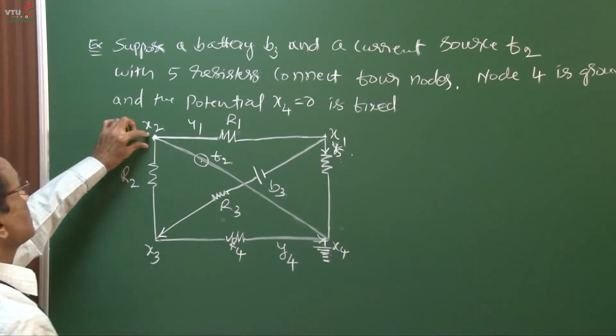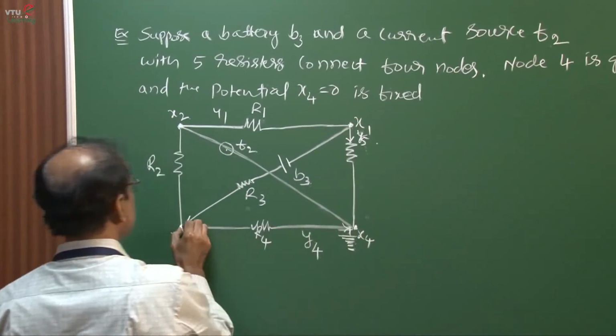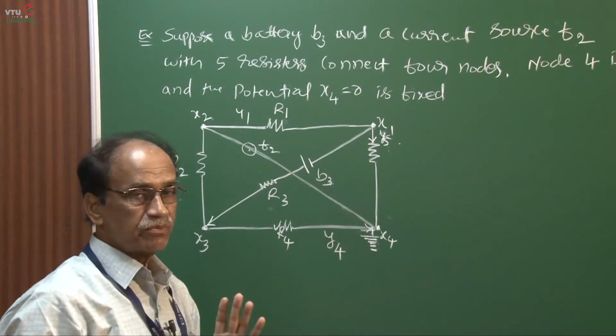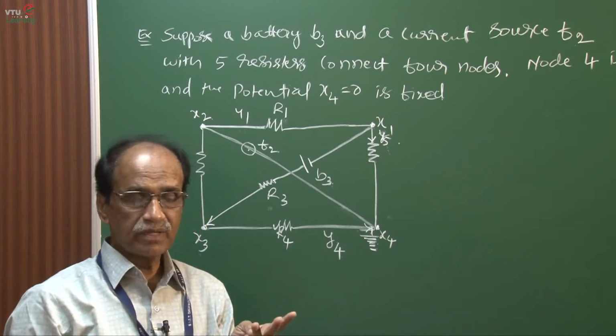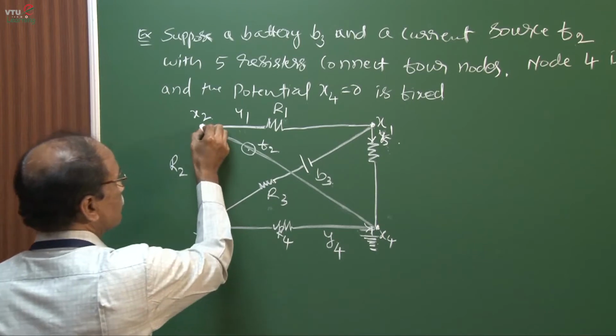Okay, so this is a node, and this is also a node, this is also a node, and this is also a node. Now we have to find the incidence matrix for this representation. Incidence matrix, otherwise topology matrix, otherwise connectivity matrix. Okay, so we start from this point.